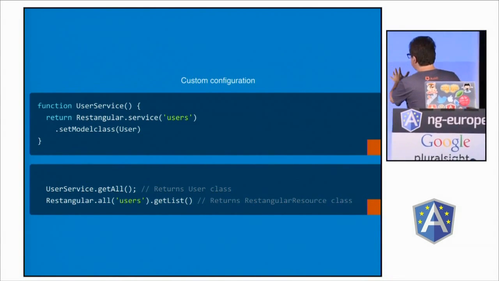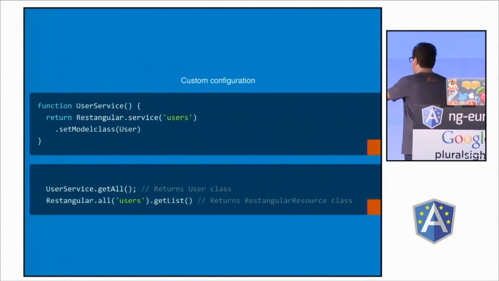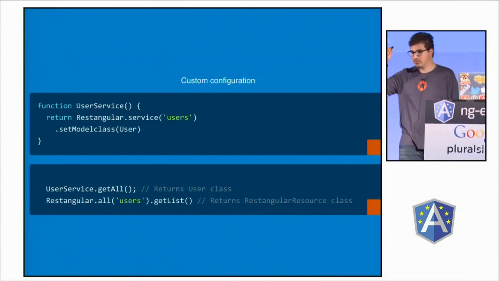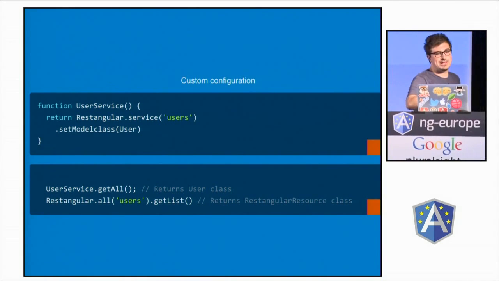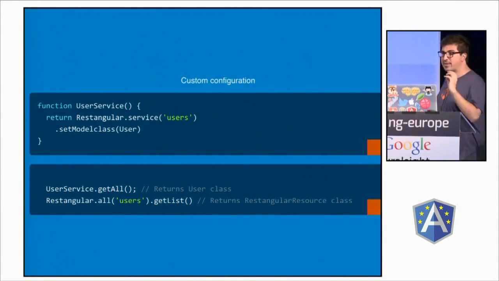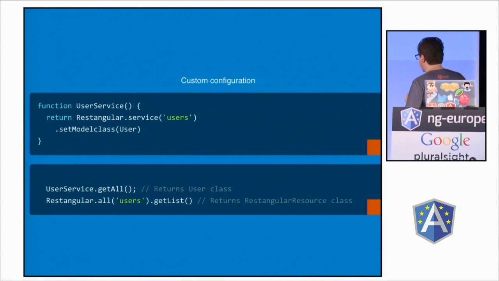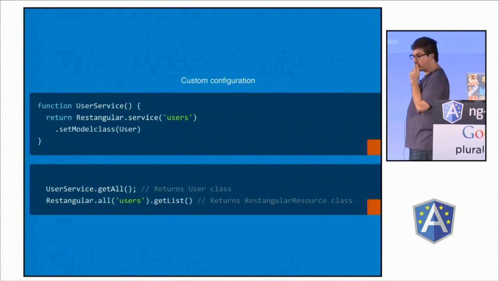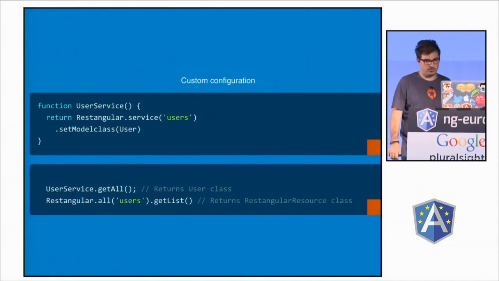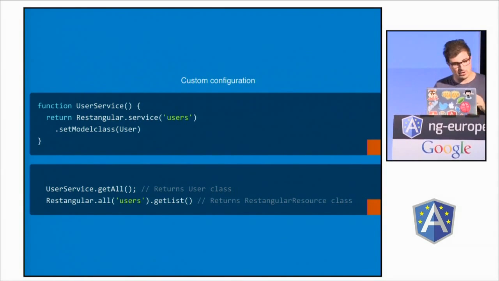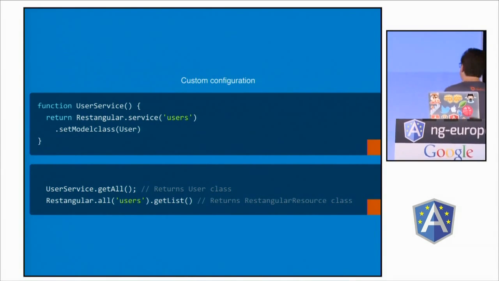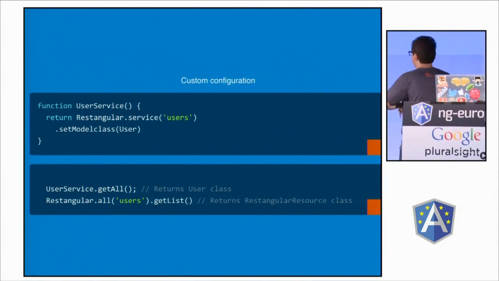The only problem with this is that if you do userService.getAll, it would return the user class. However, as the configuration is being done in the user service, and that user service is only instantiated the first time it's injected, that configuration will not be global. So that means that if you do restangular.all('users').getList, you would still get a Restangular resource class.